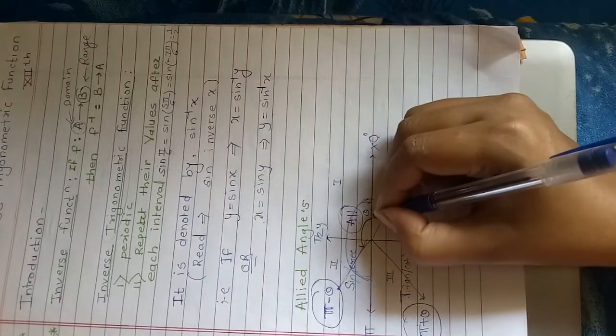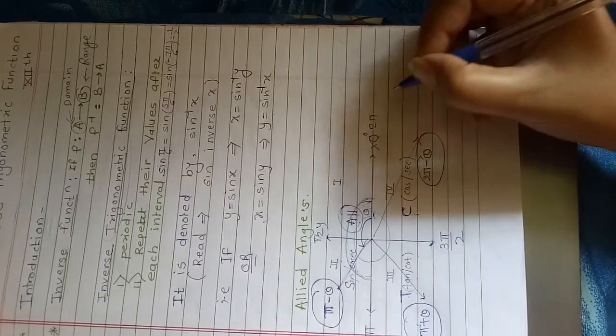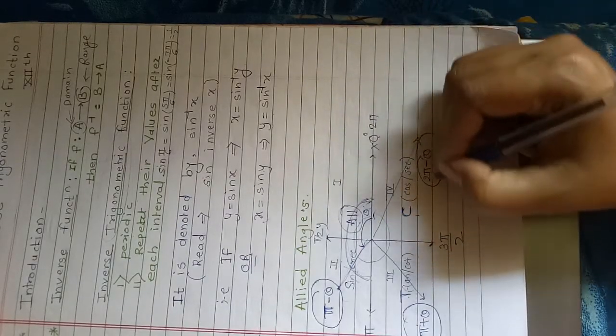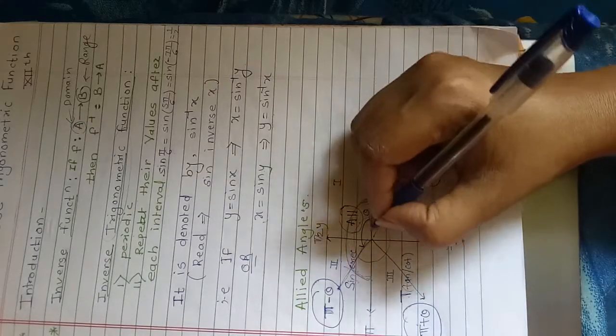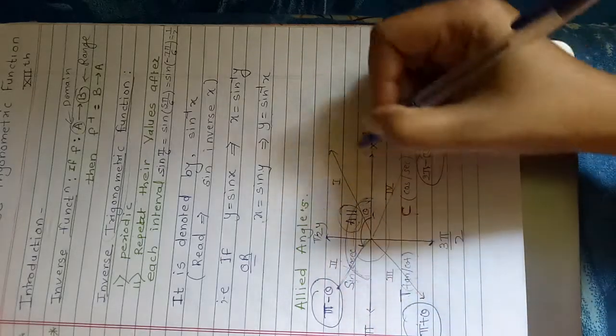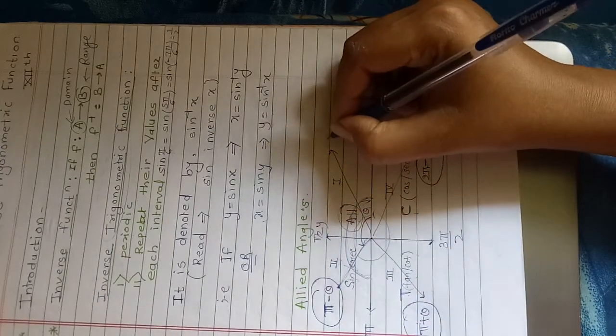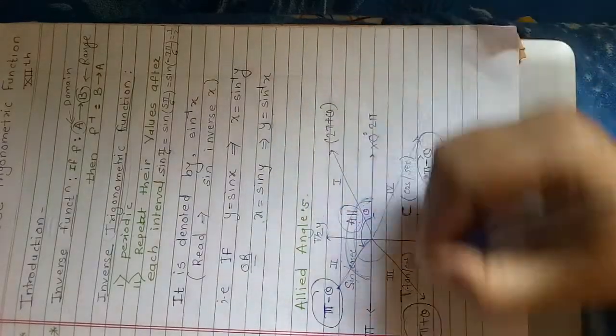Here, if one rotation is completed, then your angle is 2 pi, which means 360 degree. Then any angle here is 2 pi minus theta, or any angle in the first quadrant, if one rotation is completed, is 2 pi plus theta.